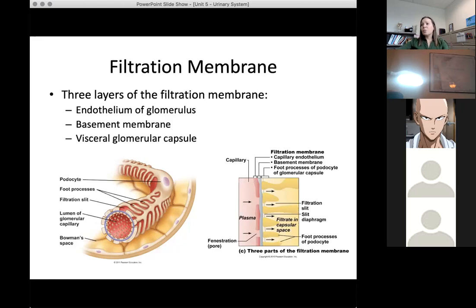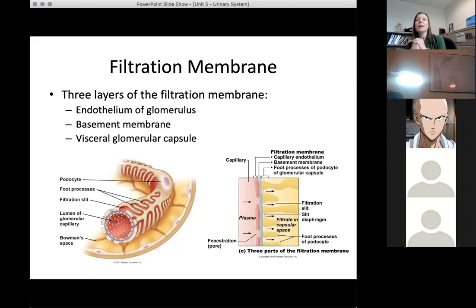Okay, so what gets filtered out of the blood and moves across this filtration membrane is called filtrate. If you go down below the picture in your outline, you'll see the definition of filtrate.